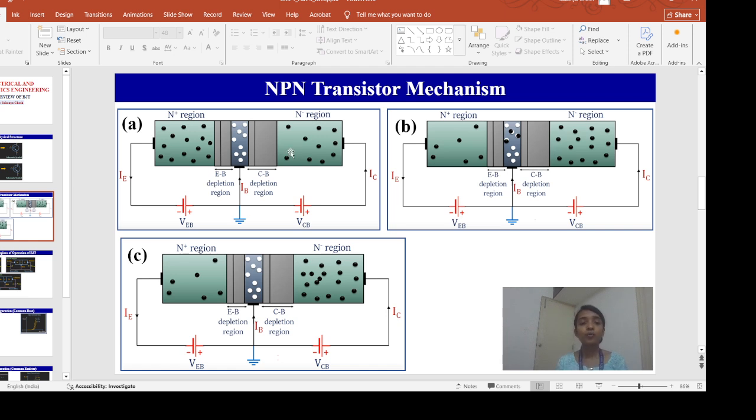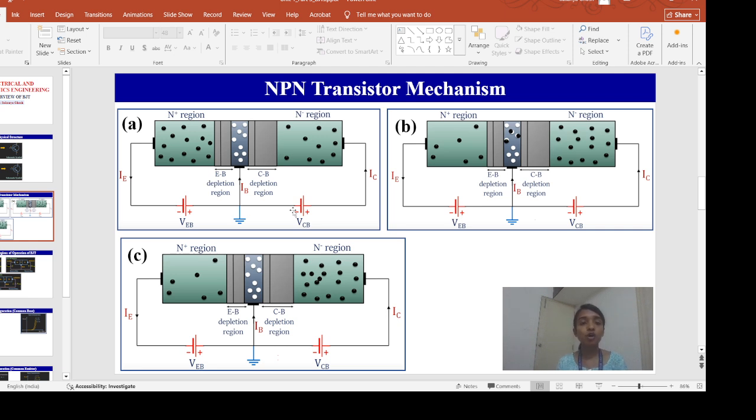We have applied biasing for this NPN transistor. Biasing means DC voltage. When we apply DC voltages to different terminals of a BJT, it is called biasing.